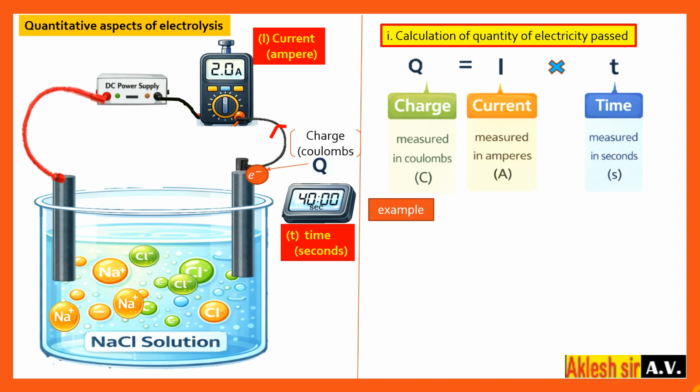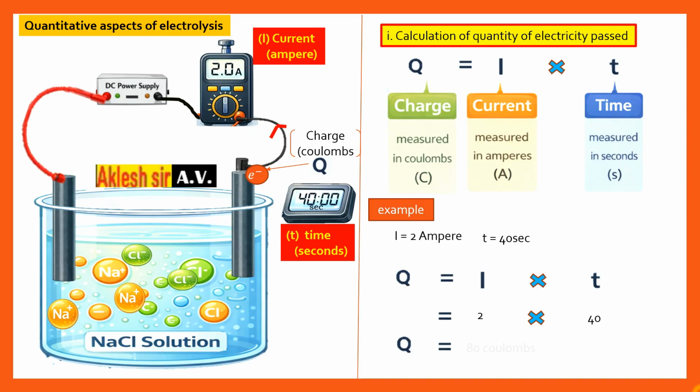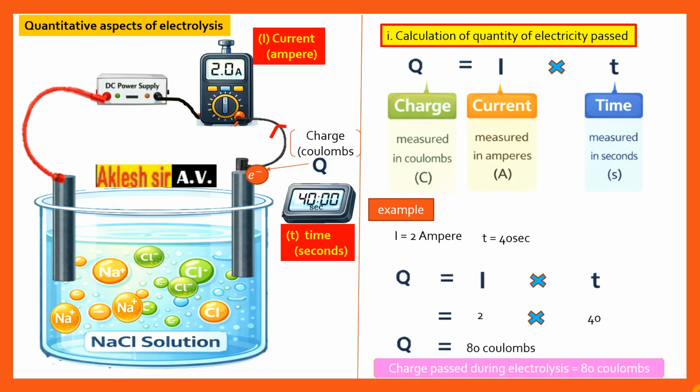Example: if current is 2 ampere and time is 40 seconds, then Q equals 2 multiplied by 40. Therefore Q is equal to 80 coulombs. Therefore, charge passed during electrolysis equals 80 coulombs.